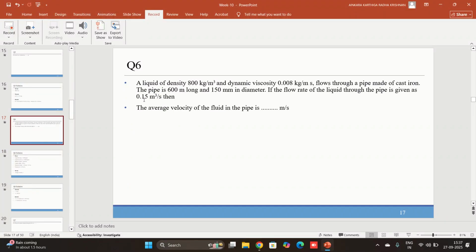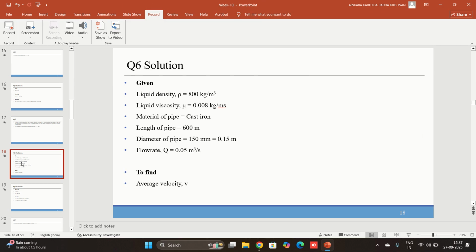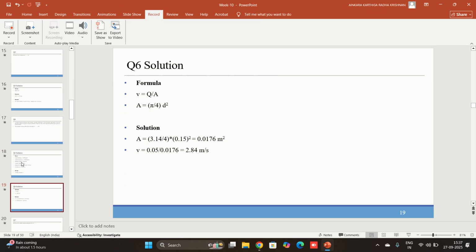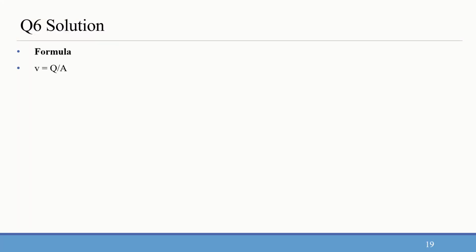Yeah, it is 0.05. So v is equal to 2.84 meters per second. That is the right answer for average velocity.